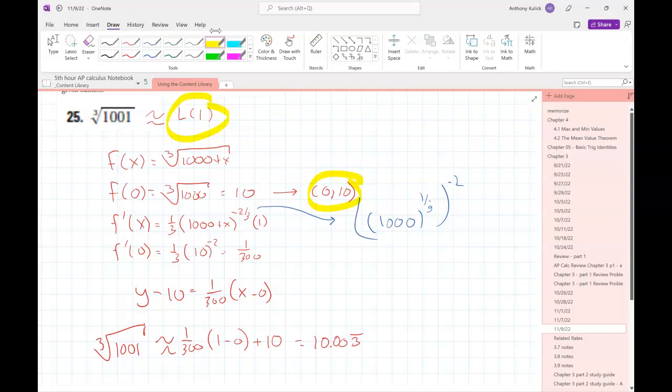The closer you get, the better, but usually I'm just going to go with whatever gives me a convenient value. Could I have done 1 plus x? Sure, but now we're plugging in 1,000 and we're using 0, so that's a kind of crummy approximation, right?